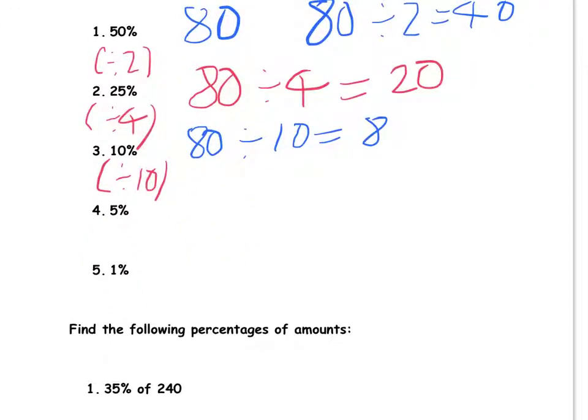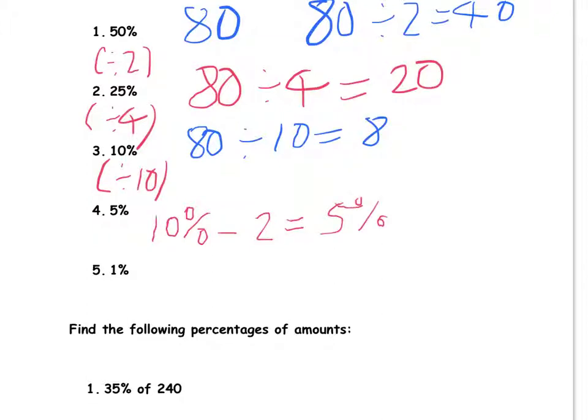To find 5%, firstly you need to find 10%, which we've just done here, and then we divide it by 2, because to get from 10% to 5%, you divide by 2. Now you could also say that's the same as dividing by 20, but the best thing to do is to find 10% and divide it by 2 to make 5%.